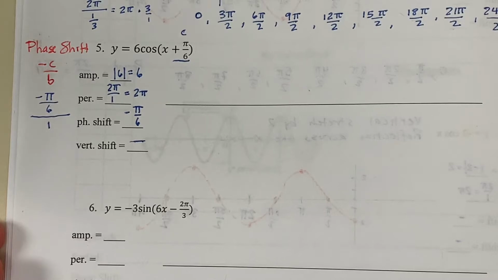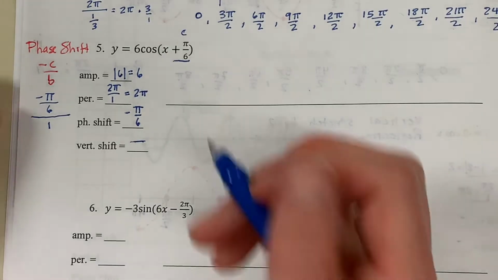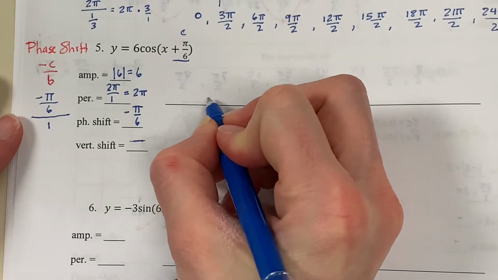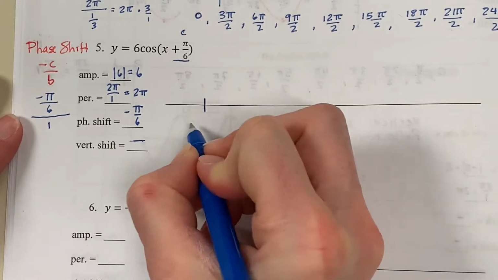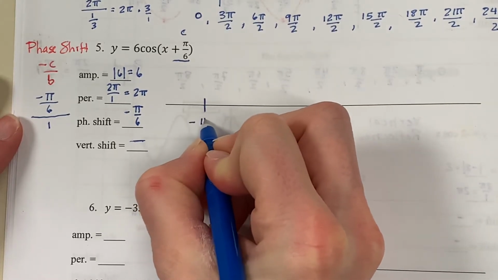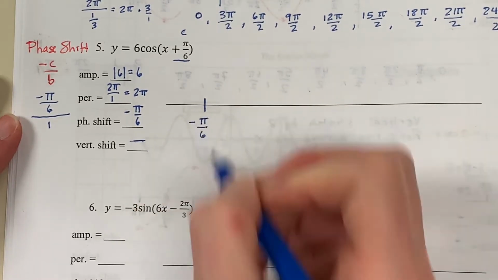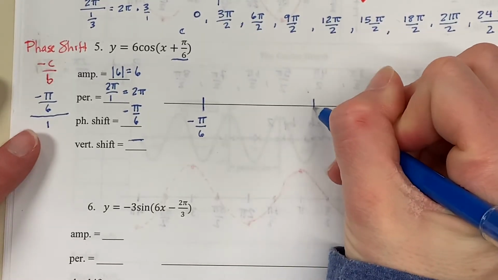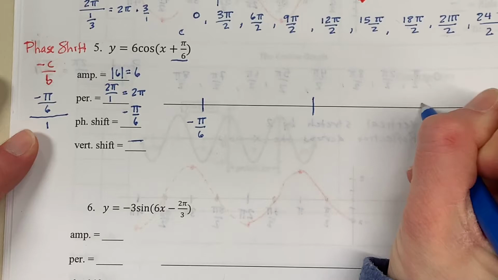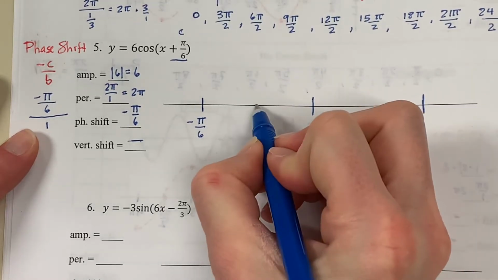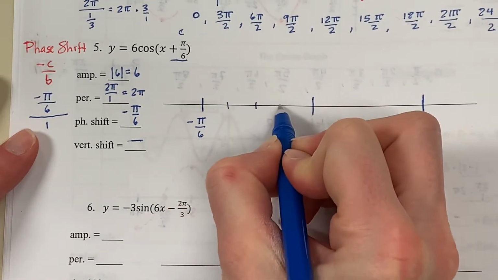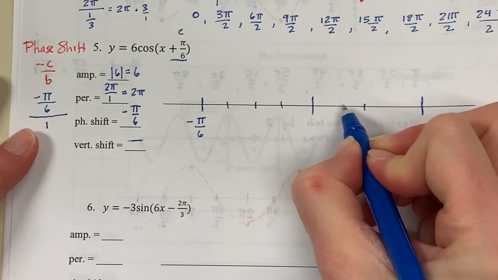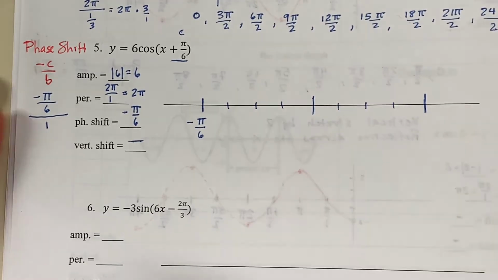Now, the phase shift is also where my curve is going to begin. So rather than my very first point being at 0, my very first point is going to be at negative pi divided by 6. I'm still going to graph 2 periods. There are still 3 significant points between the start and end of each period.